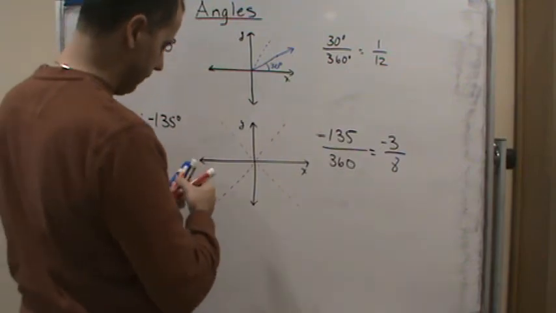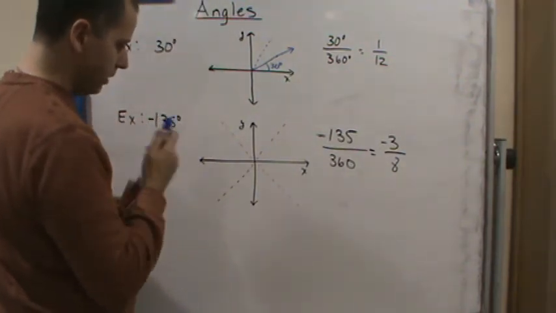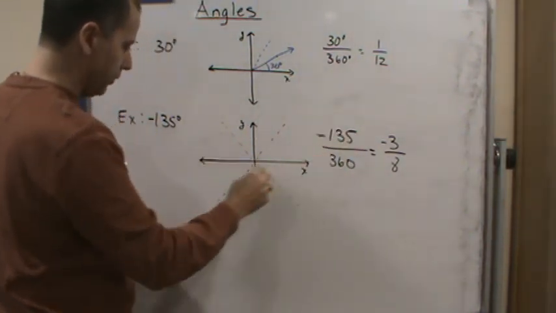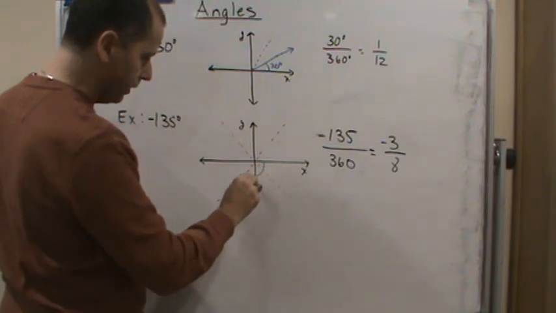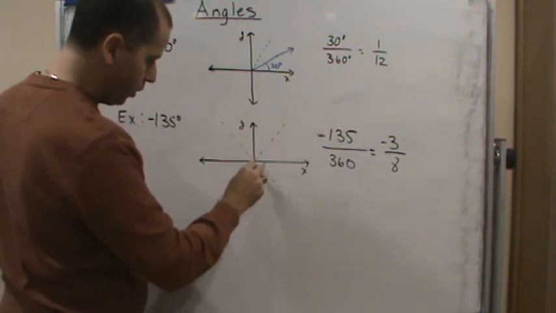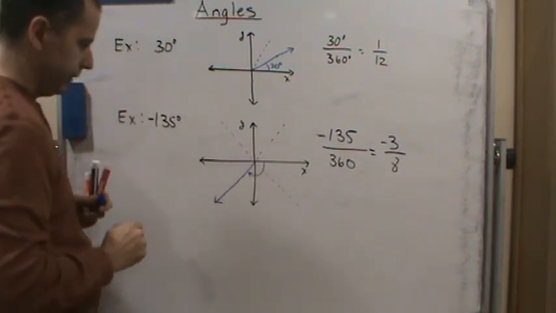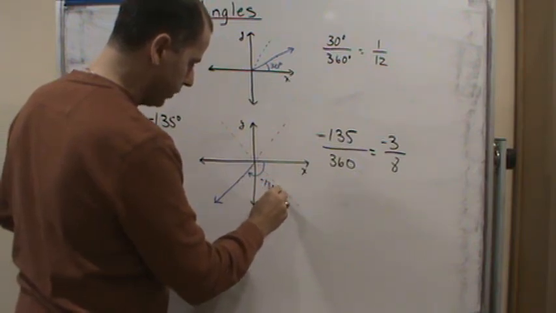So -3/8 of a revolution, or -135, brings me this way. That's my line. So this is -135 degrees.